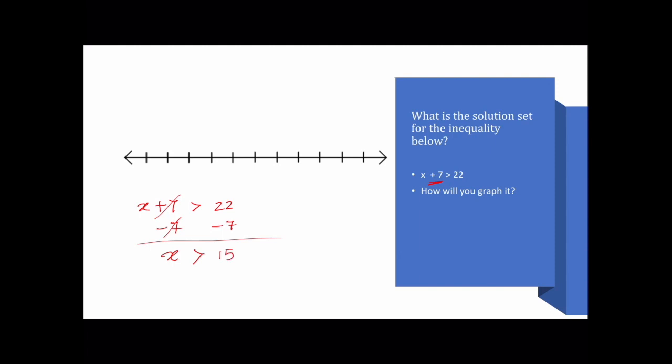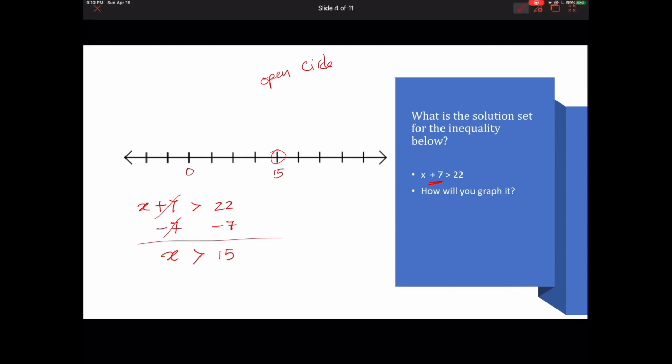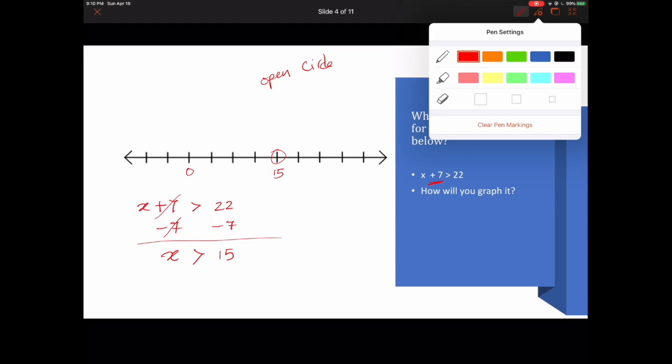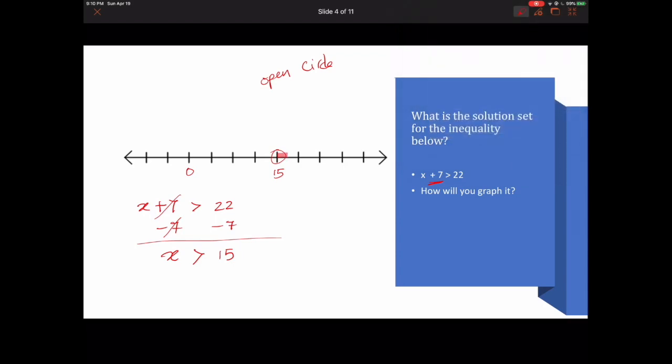Now I have a straightforward inequality: x is greater than 15. So I have my 0, I have my 15, I have my open circle. All the numbers in this solution set will be greater than 15, so it lies on this side of the number line.